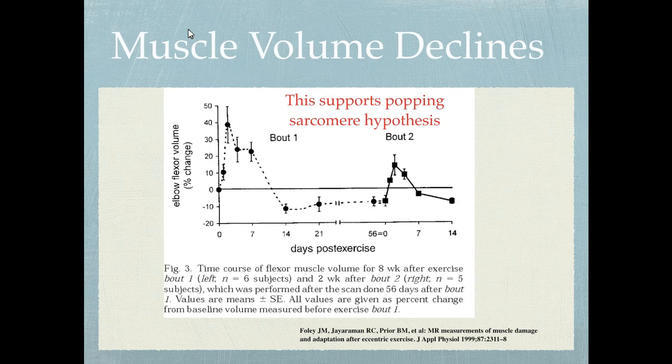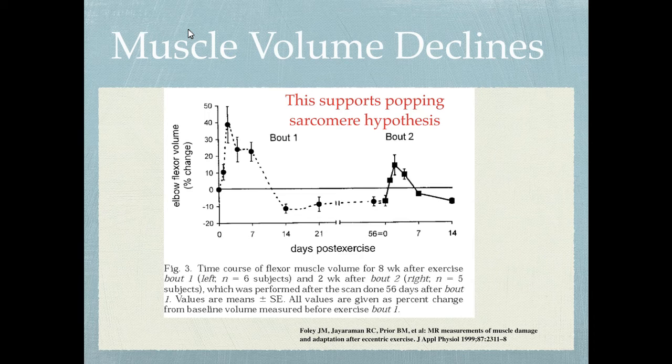So if you lose sarcomeres because they're destroyed, is there evidence for that? Well, there actually is evidence for that. What you're looking at here is elbow flexor volume. If you look at bout 1 in these untrained subjects, they have a vigorous, high-intensity eccentric bout of training.